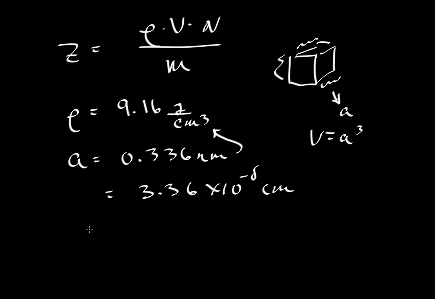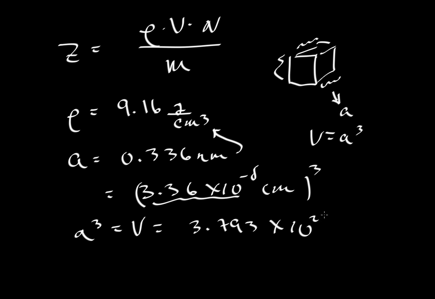So that is A. So A cubed is volume, and so A cubed is equal to this whole thing taken to the third power, and that'll give us 3.793 times 10 to the 23, and that would be in cubic centimeters since we're cubing that unit there, centimeters instead of nanometers.